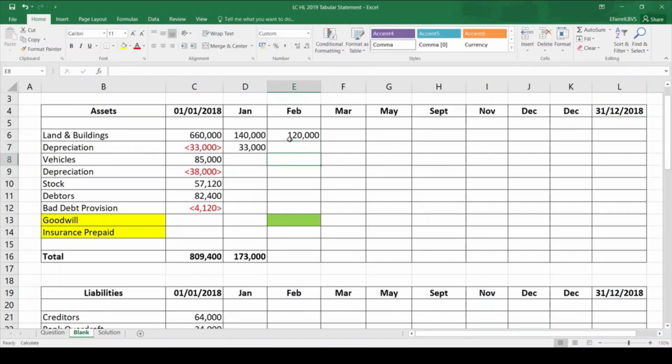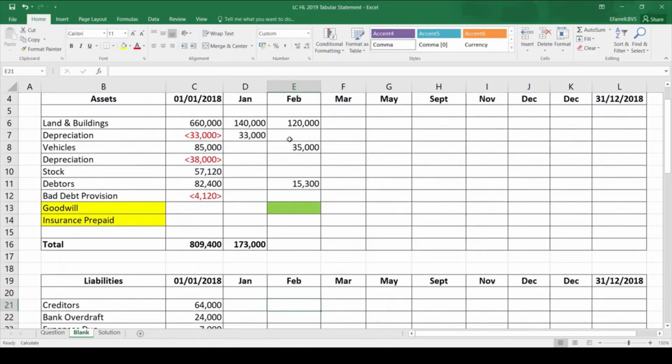Delivery vans or vehicles are 35,000. It then says that debtors are 15,300. It says creditors are 11,000.